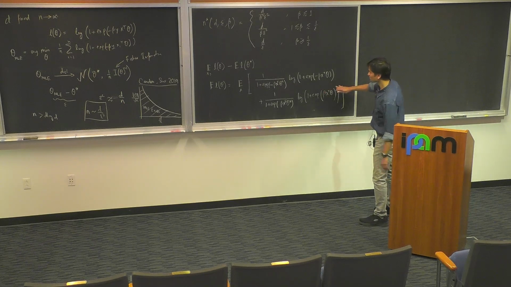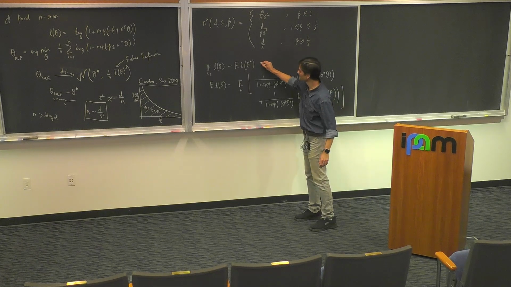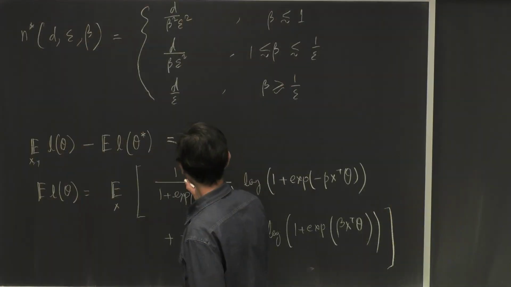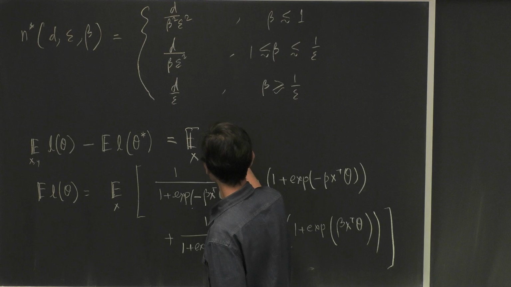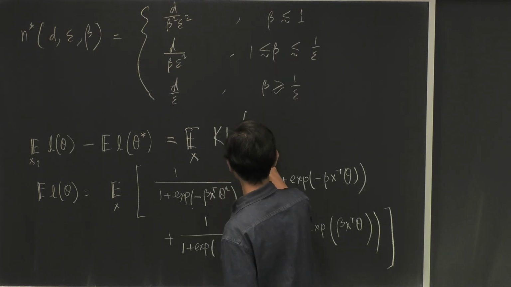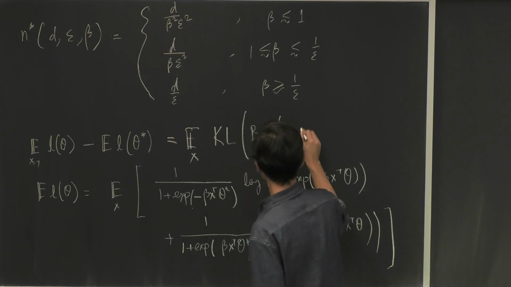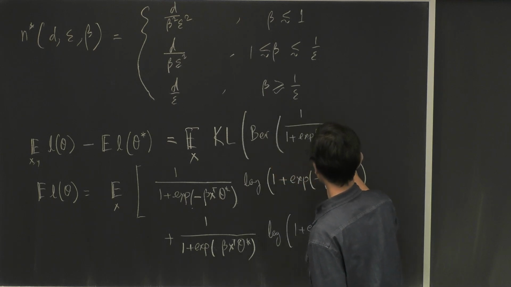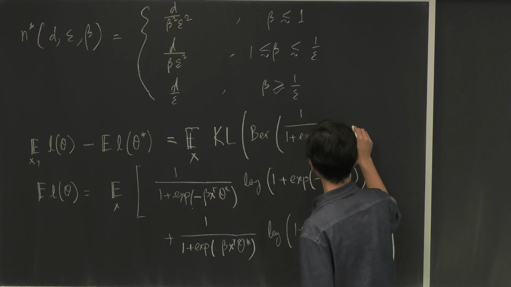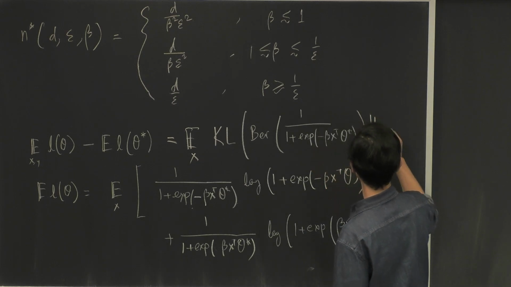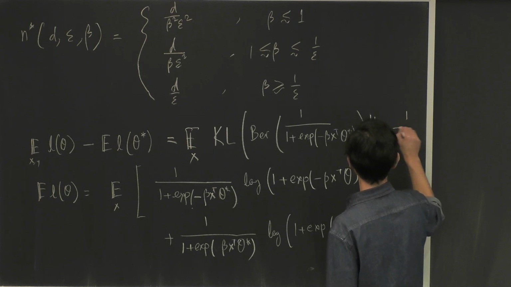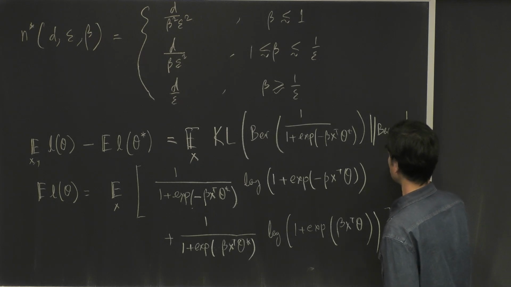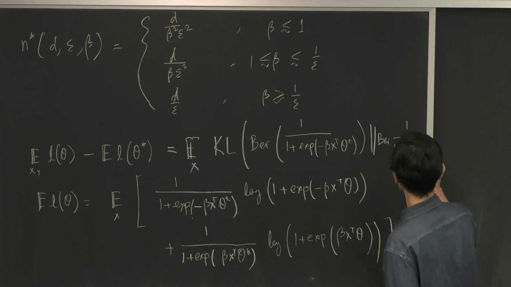So now you see this is actually a pretty nice form, because now if I want to write out this thing, this is simply the expectation over x of the KL divergence of the Bernoulli 1 over 1 plus exponential minus beta x transpose theta star and Bernoulli 1 over 1 plus exponential minus beta x transpose theta, right?